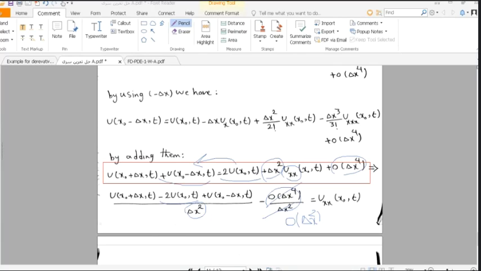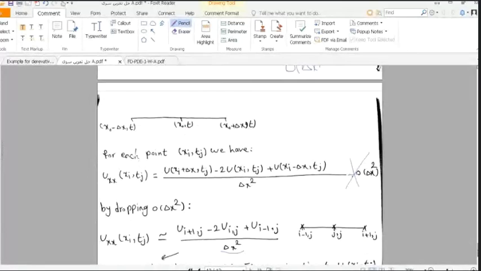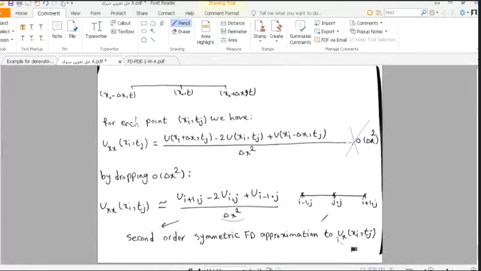This formula is used for uxx or utt, and the order of error is delta x2. Please pay attention to me. For this formula, we use 3 points. This formula is a 3-point formula.